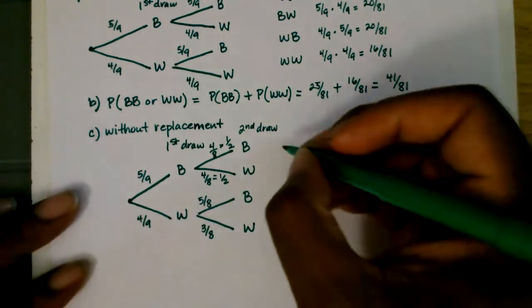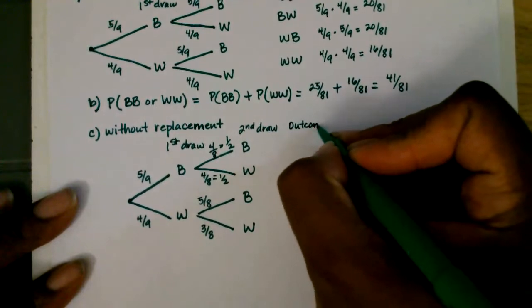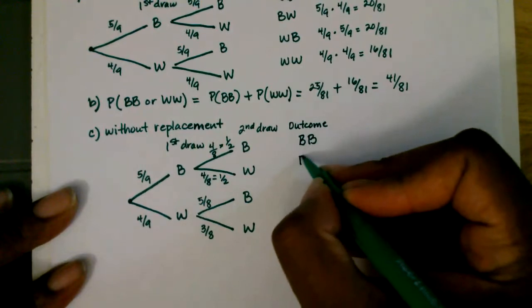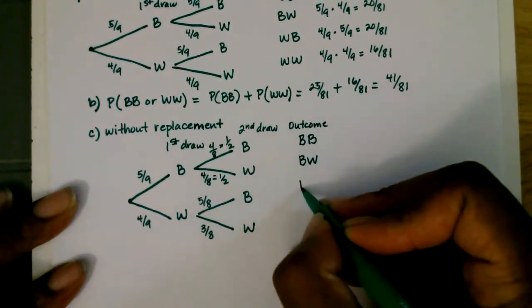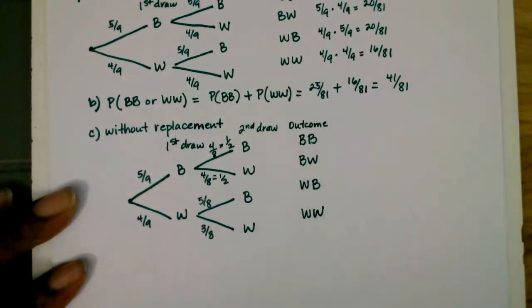Now let's go ahead and list all the outcomes here. So here you have 2 black balls, a black and a white, and then a white and a black, and then a white and a white.